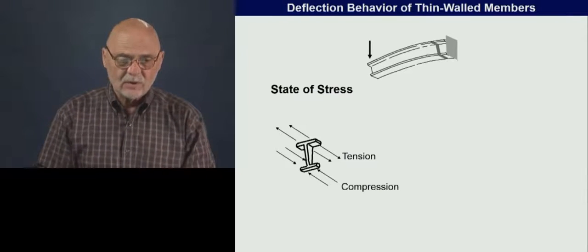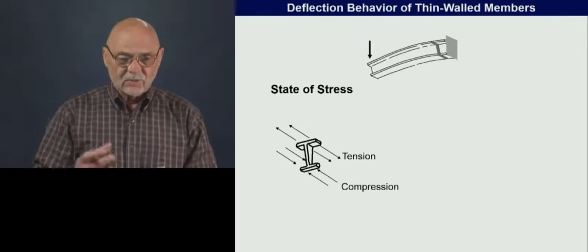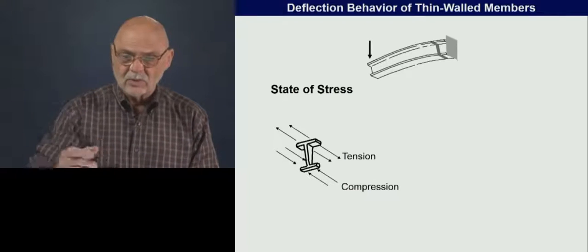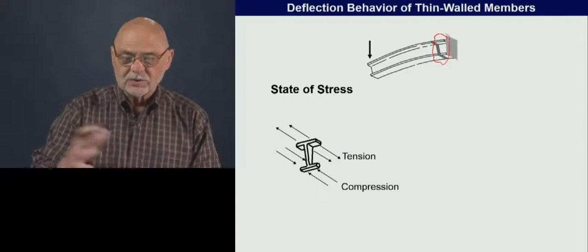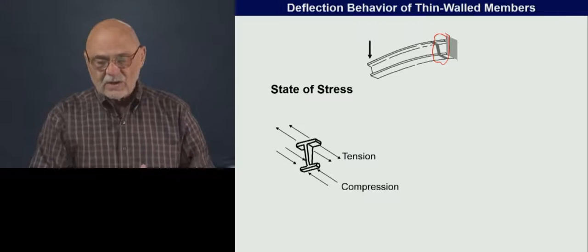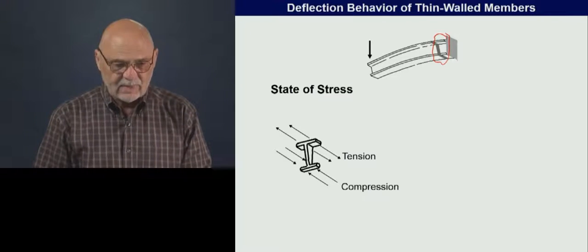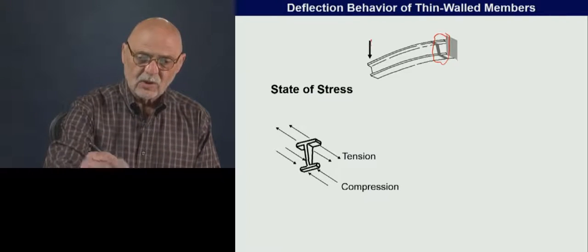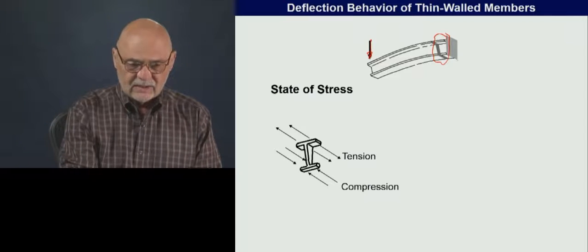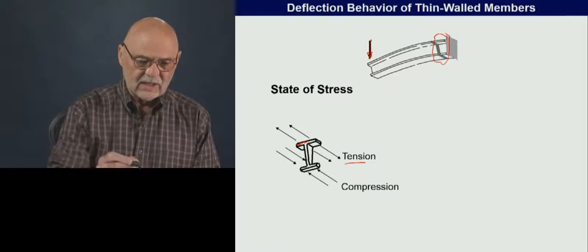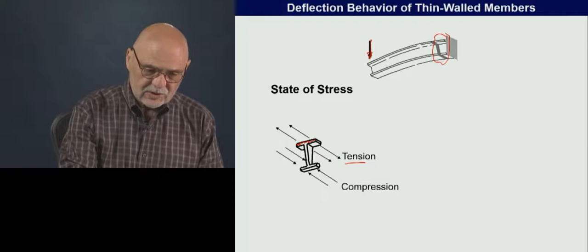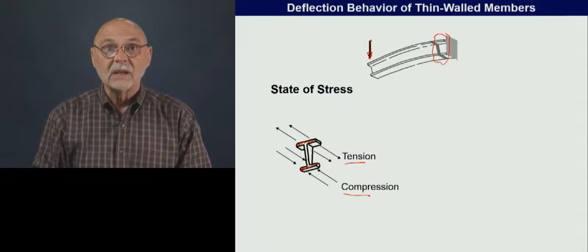In order to see what that mode is, we have to look at the stress distribution in the beam. We're looking at a section close to the wall here. As we talked about in the second lecture on beams, when we put a load downward like this, the top portion of the beam is going to be in tension, and the bottom portion of the beam is going to be in compression.